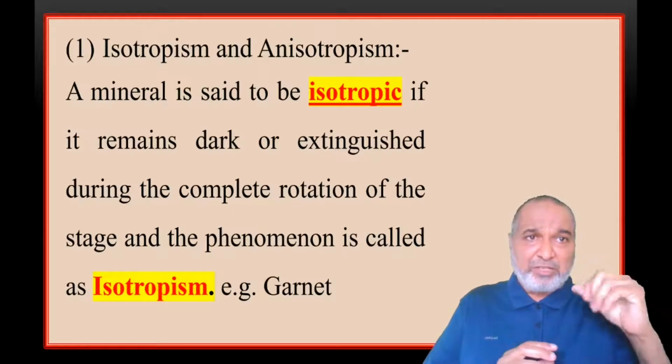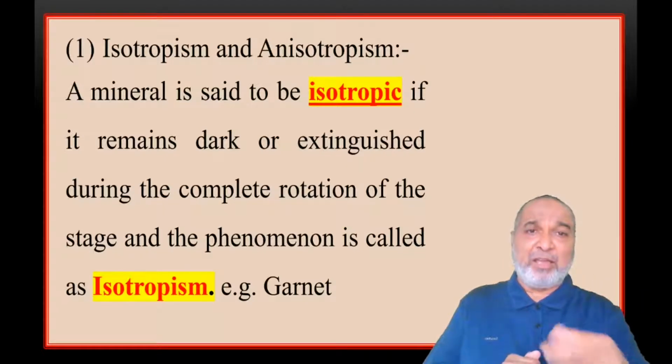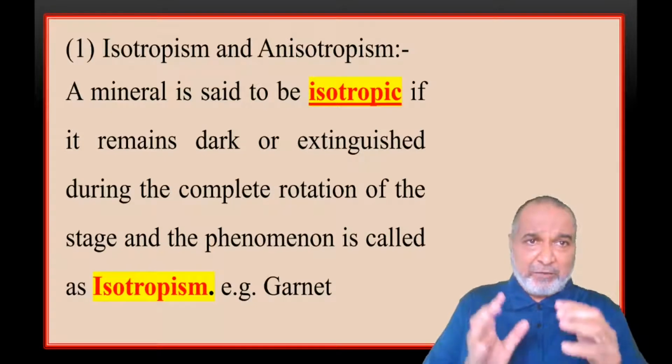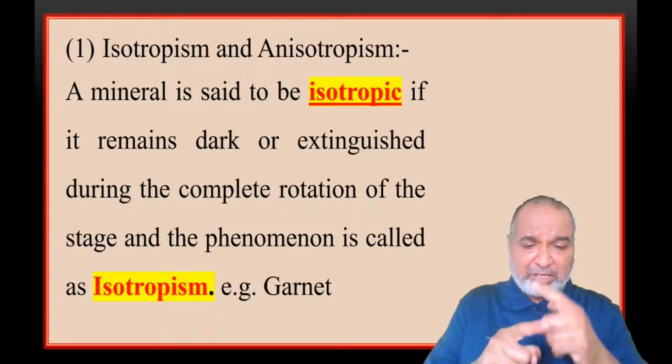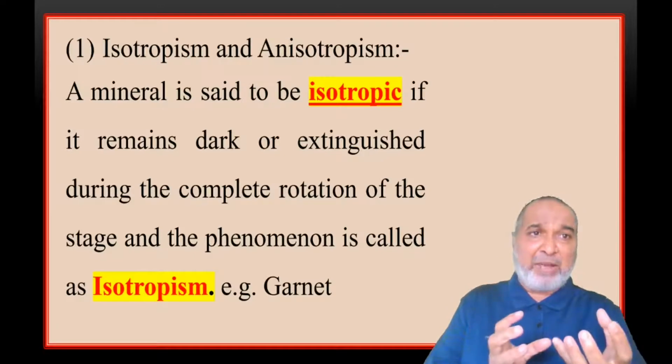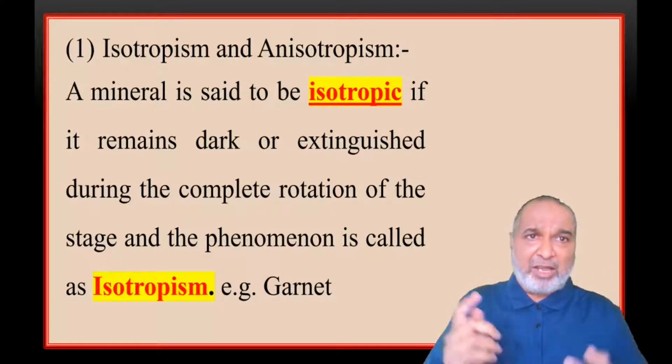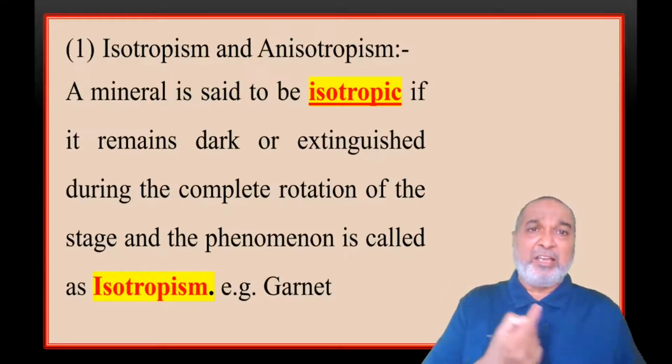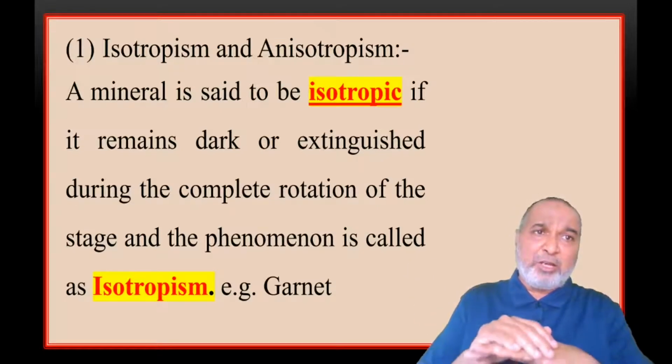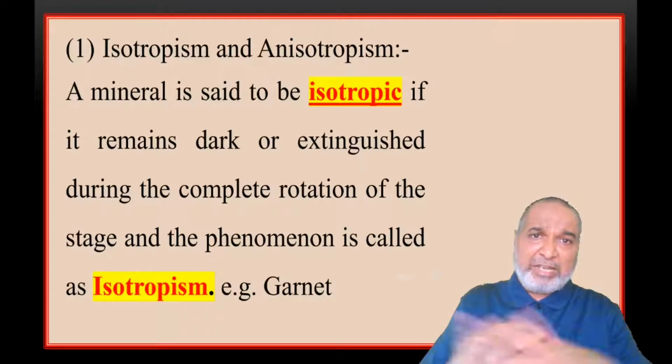When you insert the analyzer and rotate the stage through the 360 degrees, the mineral below the crosswire becomes black, becomes dark, and throughout the 360 degrees its intensity remains the same. That means the mineral has completely extinguished.